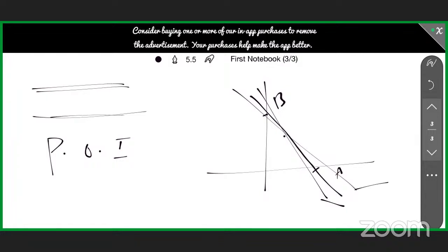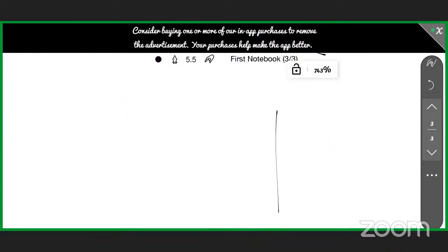the line is passing through the point of intersection of these two lines and meets the coordinate axes at A and B. It means my line is passing through this point and making an x-intercept and y-intercept at A and B. So if this is my line, let us say my point of intersection is somewhere here.